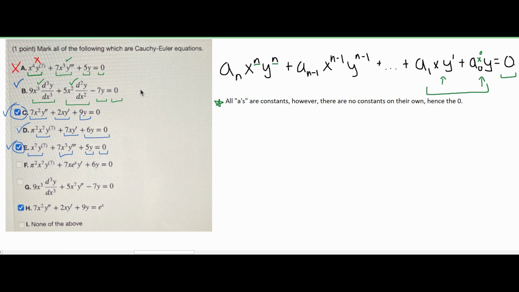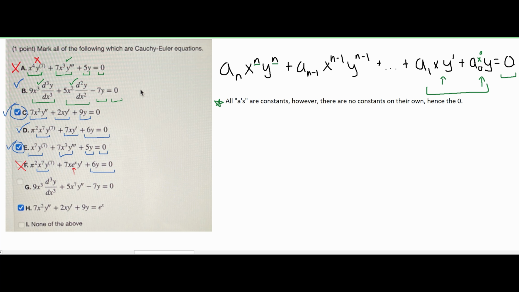Now we're going to look at F. For F, our exponents are the same here, 7 and 7. However, when we look at this next part, we have some issues. The issue is just one, and it's with this e to the x. If this e to the x were not here, then we'd be okay. However, since it is here, we have an error, so this is not a Cauchy-Euler equation. This 6y is okay, and so is this constant 0.